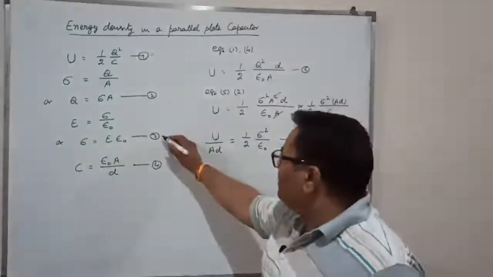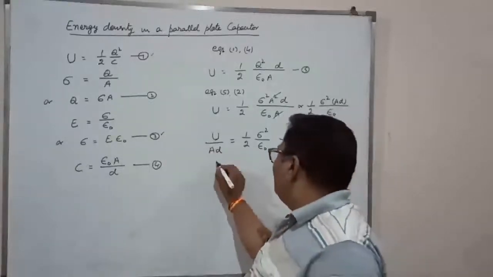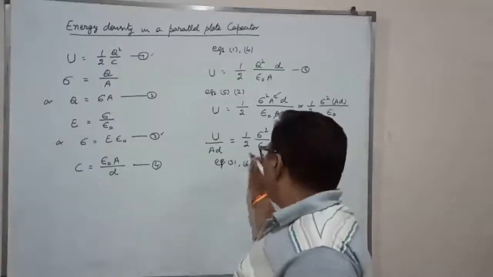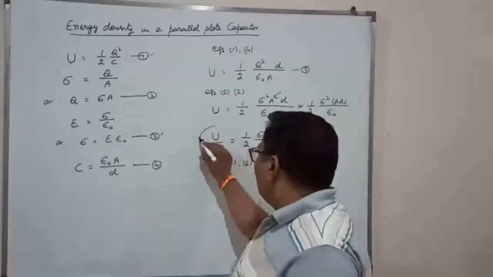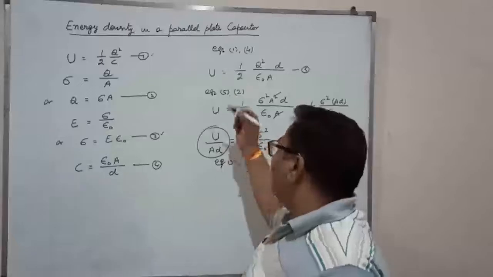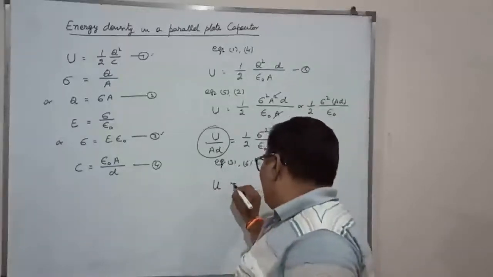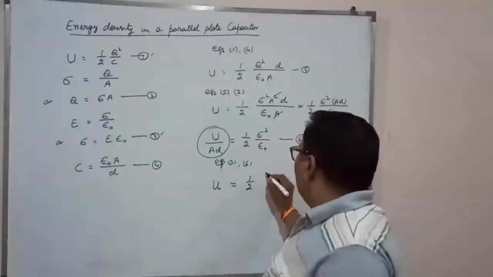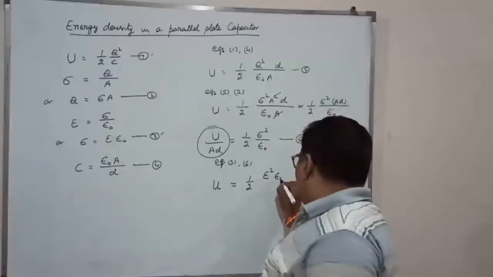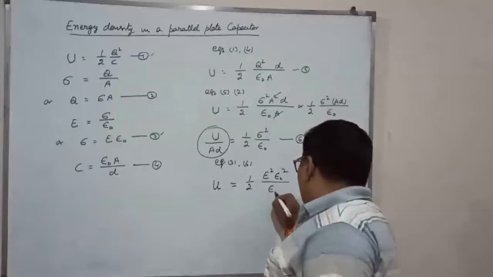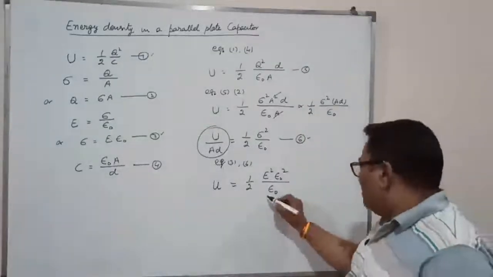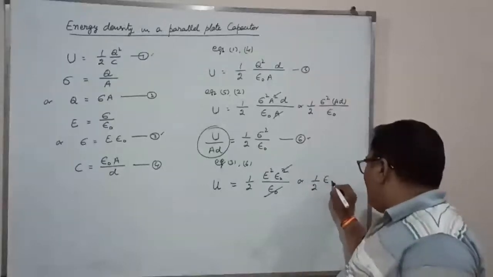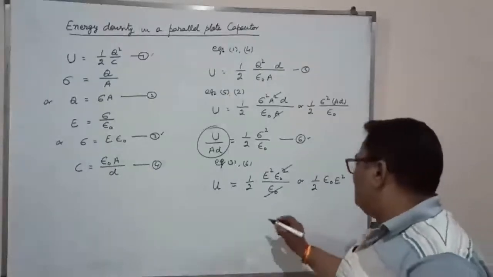And from equation 3 and 6, U upon A d, this is the energy density of a parallel plate capacitor, small u, is half E square epsilon naught square upon epsilon naught, or half epsilon naught E square.